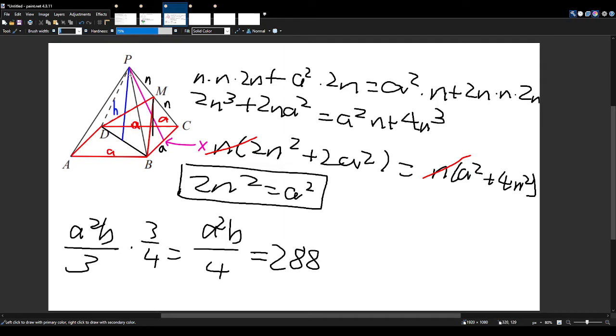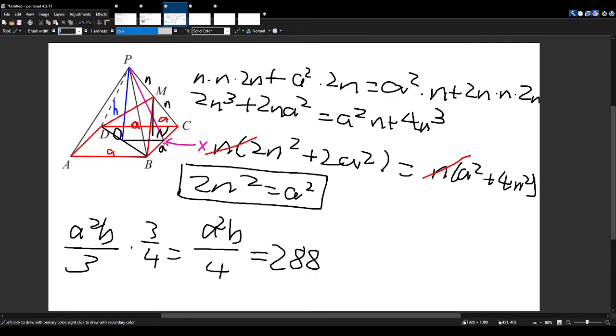So to find the height, there's this triangle over here. Alright, so P, let's call this O. PO, what a pain. Okay, let's call this N. It doesn't matter. So basically this triangle over here, we can use because we can find x.